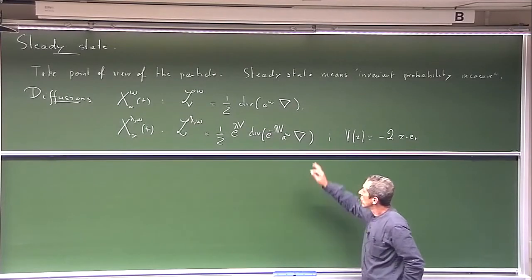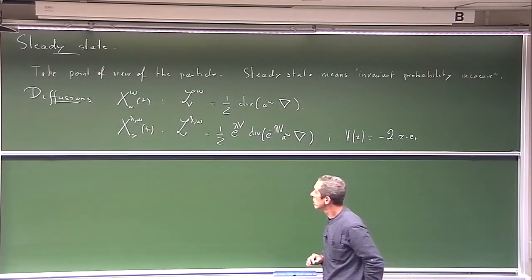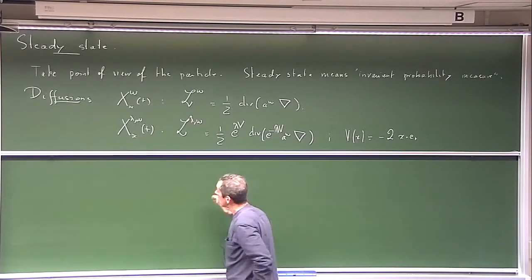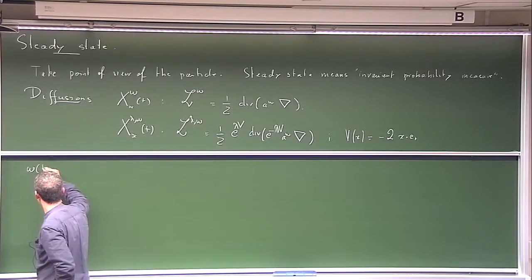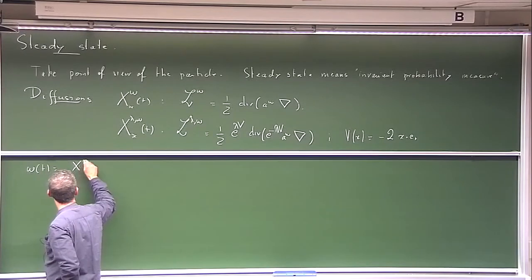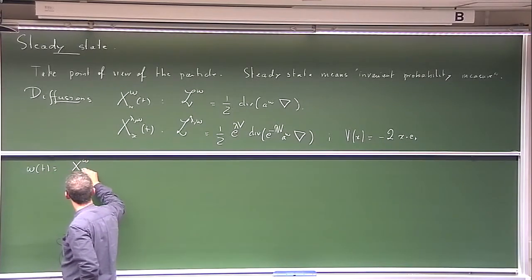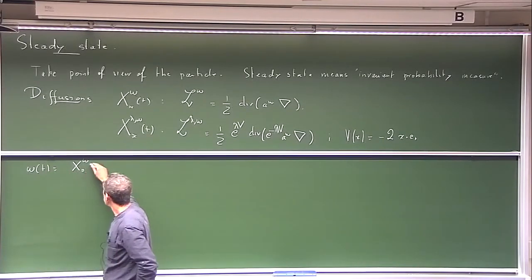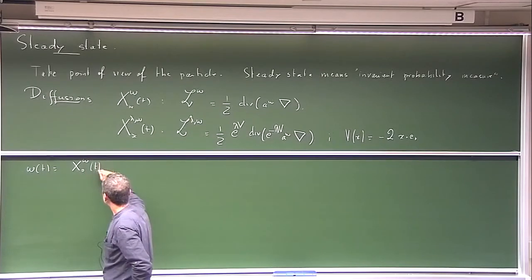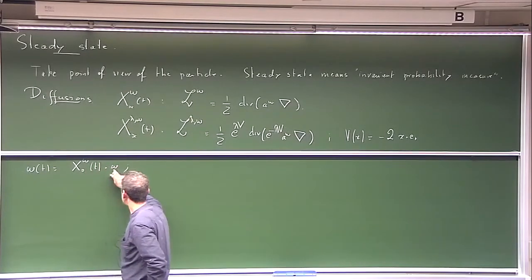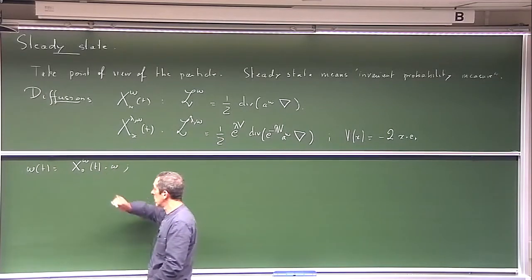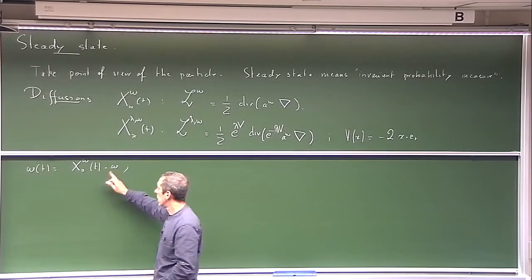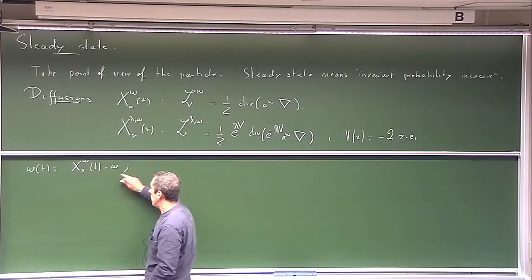Anyway, so we had these two diffusions, and then we defined the processes of the environment from the particles. So we had this process ω(t), which is: you start the diffusion from the origin in the environment ω, and at time t you shift the environment ω by the position of the diffusion. So this dot is a translation of the environment ω by this position.